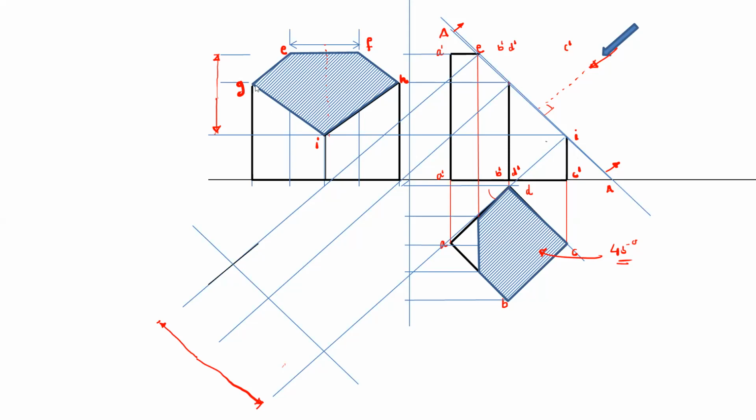Then take the distance GH and draw this line on the projector coming from this point. So these are your points G dash and H dash. On this line, mark the distance between G and H in the side view.